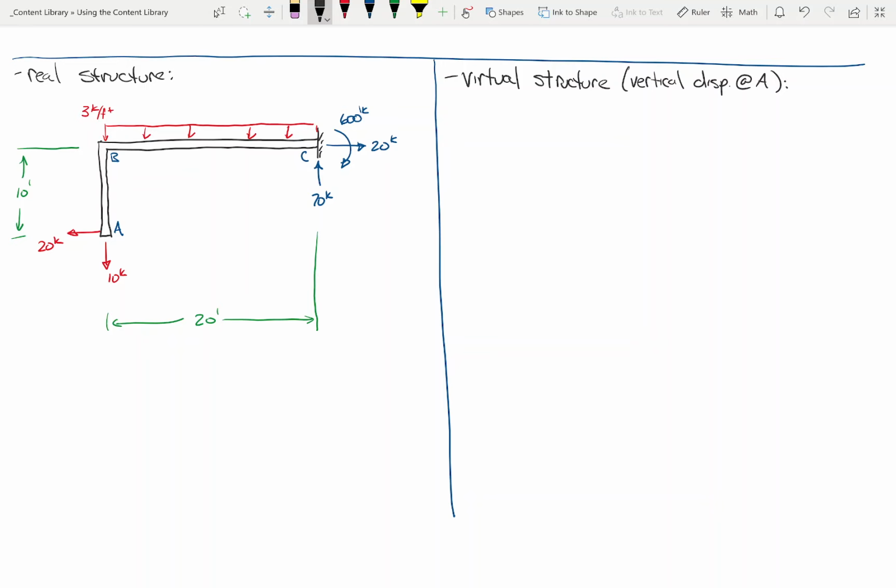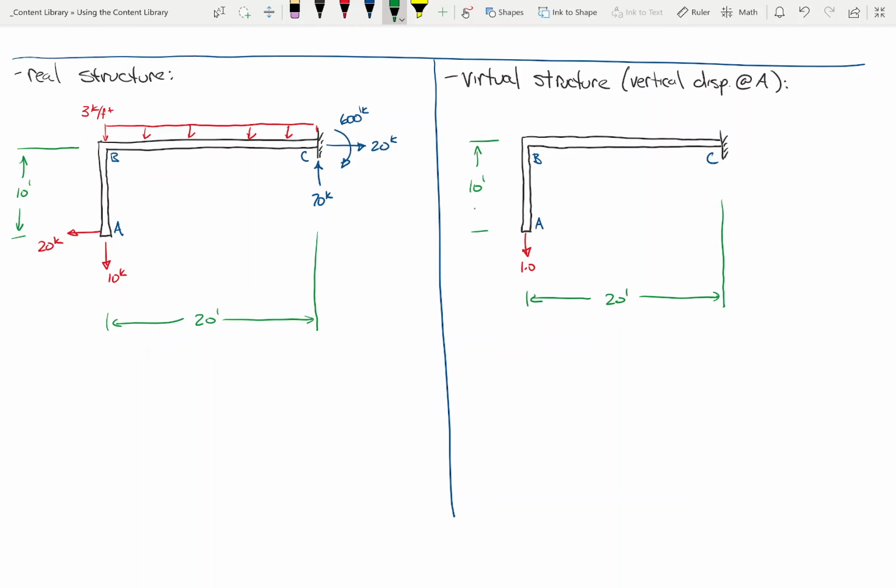I can't remember if it actually does or not. Would everybody agree with that? That that's going to be my virtual structure, kick off all the original loads and put that on there.